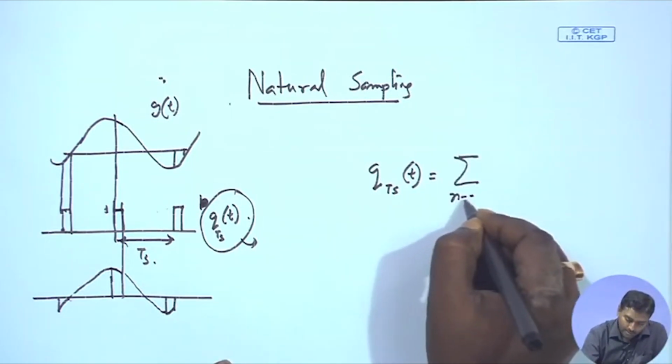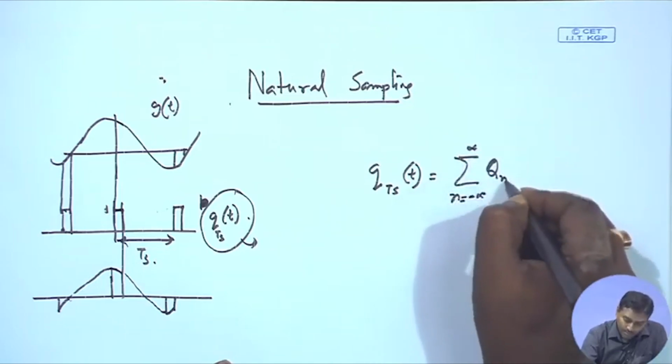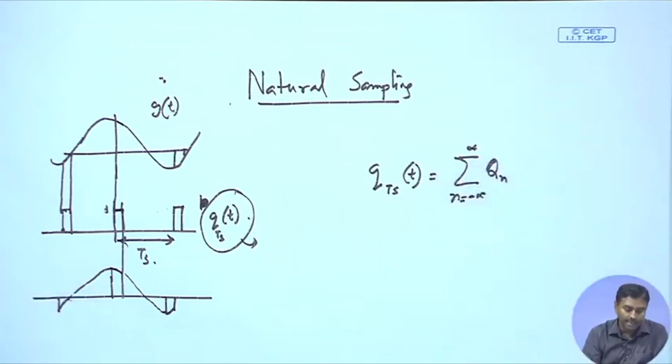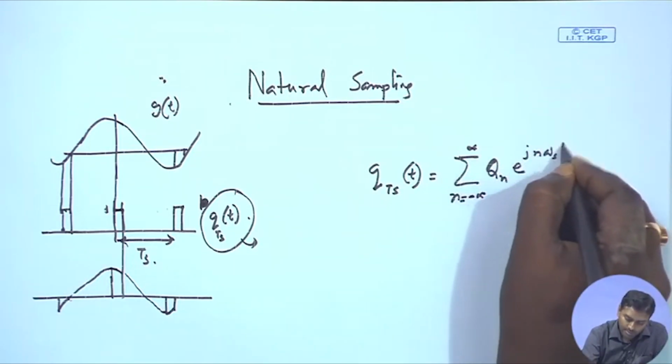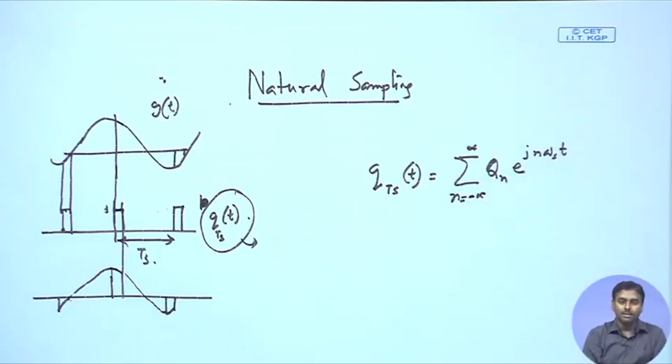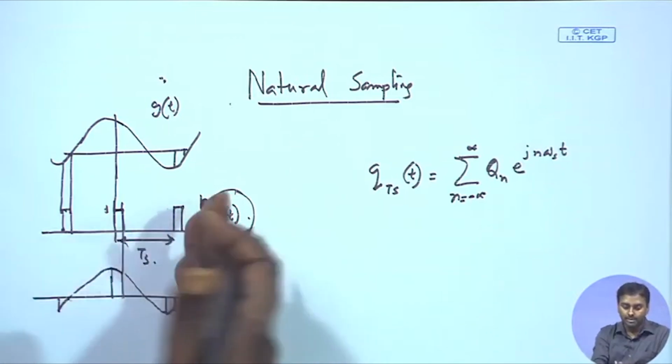So, the sum over n from minus infinity to plus infinity of q_n, or you can write it as d_n the way we were writing, e to the power j n omega_s t, where omega_s is equal to 2 pi f_s, where f_s is 1 by T_s, because that is the fundamental frequency.